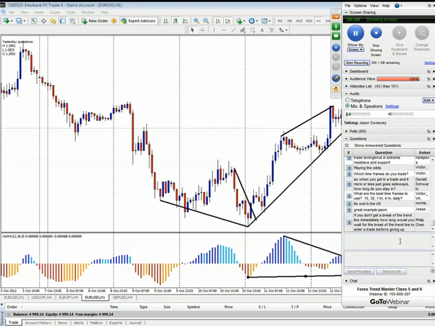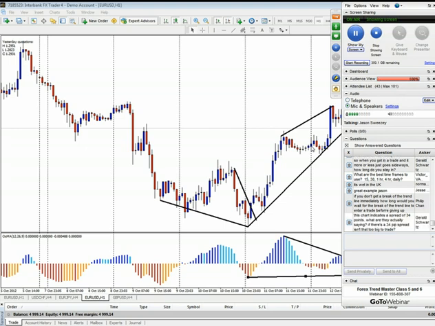Because the farther it goes out in time, like here, we had a break of it in just a few candles. Some, like I said, about 15 or 20 candles. That's about the best way I can answer it. The sooner, the better. If it does it within 3-4 candles, you're ready to go.